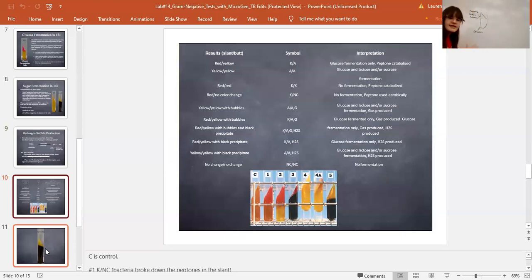So with this information, if you see that peptones are used, you're going to see the slant be a deeper pink than what you started with.